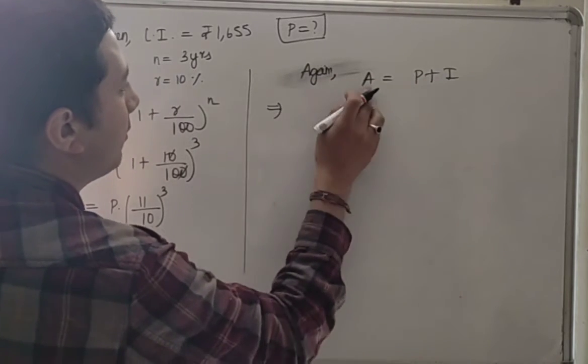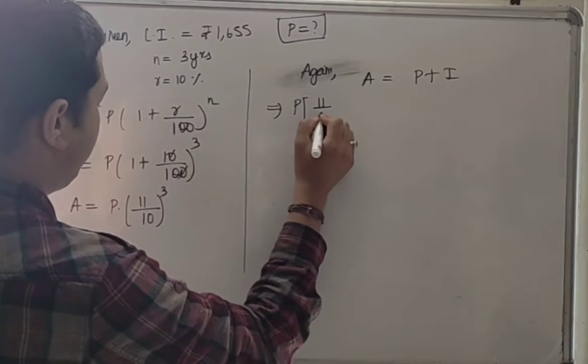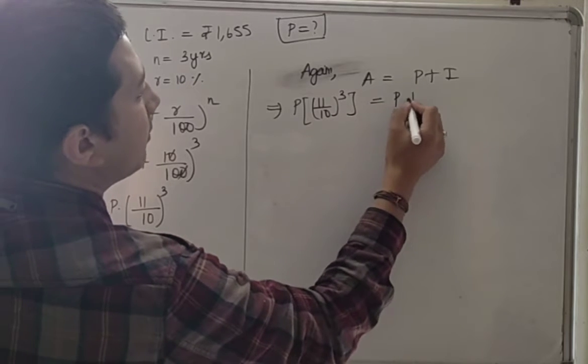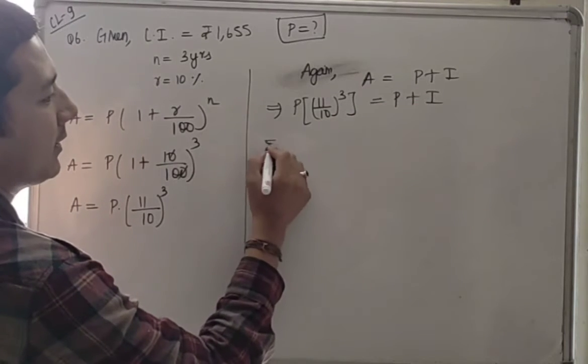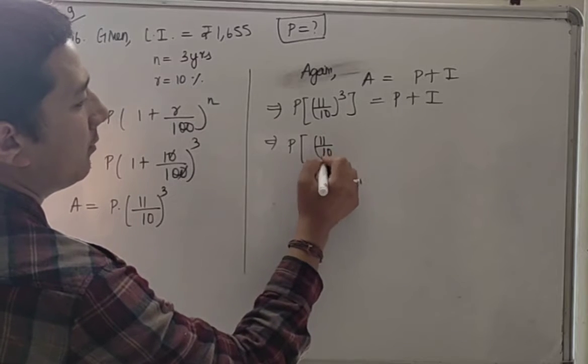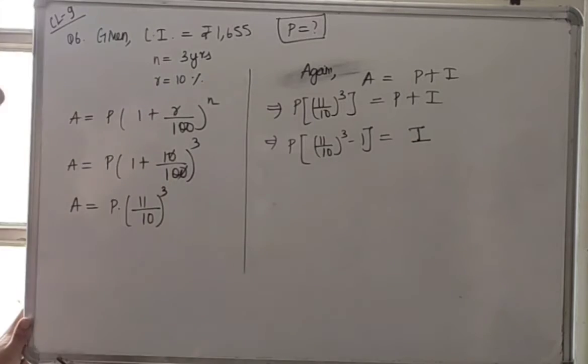But what is our amount? Our amount is P into 11 by 10 whole cube, which equals P plus I. Bring your P to the left hand side, take common. So within the bracket you will get 11 by 10 whole cube minus 1, which equals interest I. I hope you are clear with this, boys.